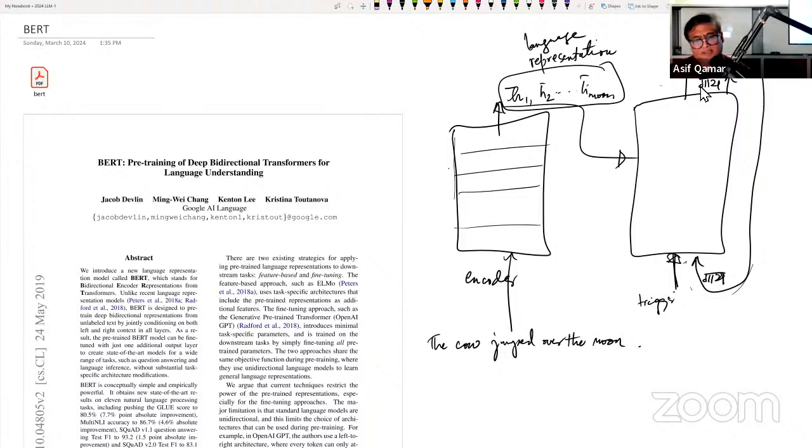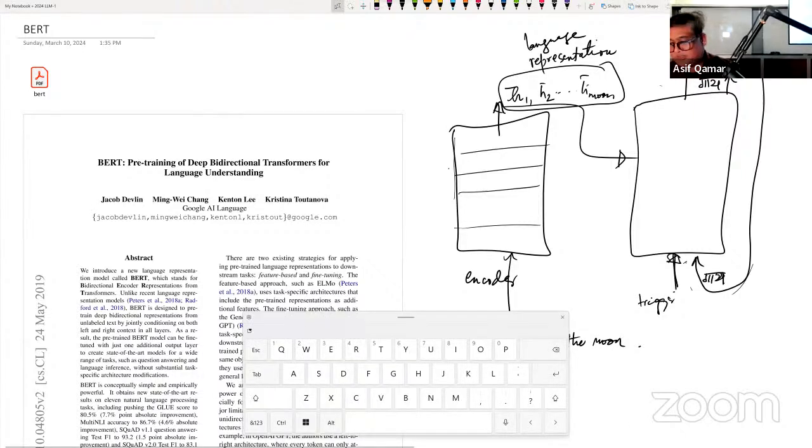Now, what the BERT paper asks is this. People were looking at this architecture and doing all sorts of things. There was prior work. You could be using RNNs, you could be using LSTMs, you could be using just the decoder part of it, which was the work GPT.